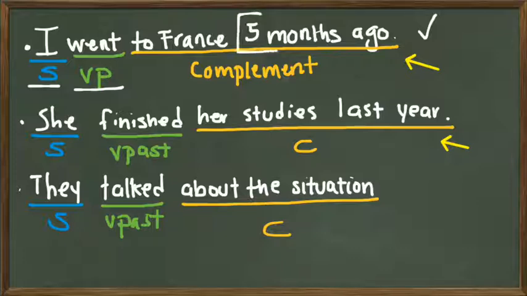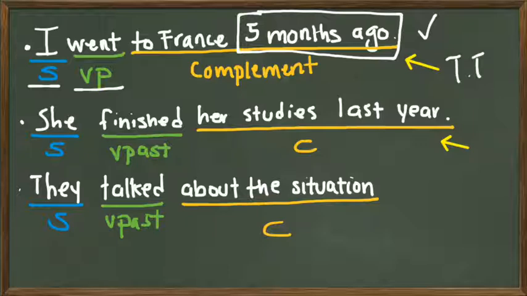Let's pay attention to this. Part of our complement is our time expression. The time expression indicates or reinforces the fact that it is an action in the past. It is not always necessary, but they are very common in this type of sentences.